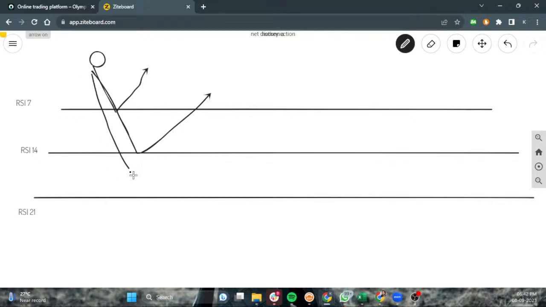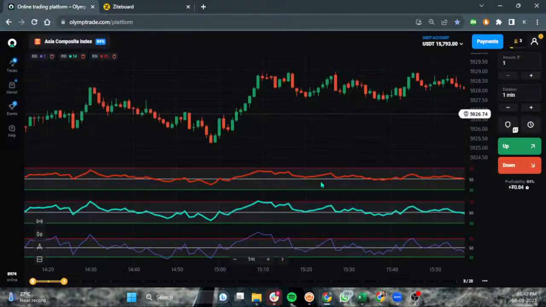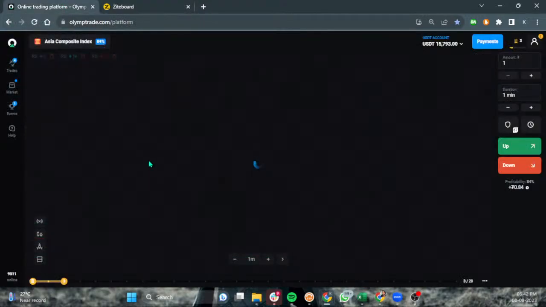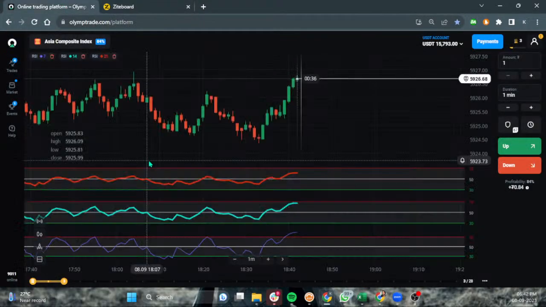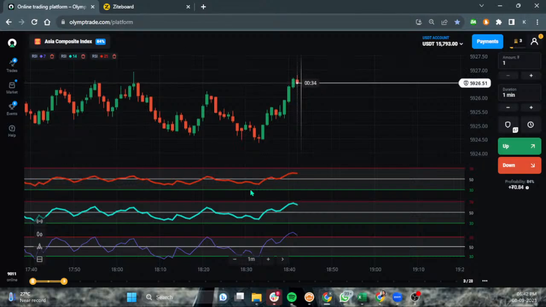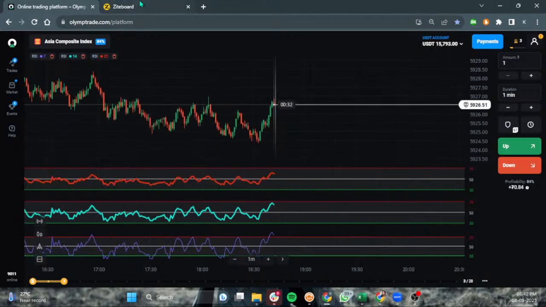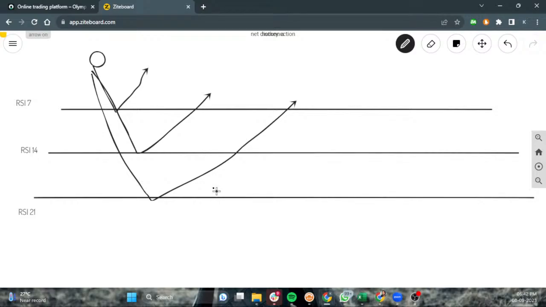And of course, when it comes here, the reversal can happen here as well. Now, all these three are signals, but if we see a crossing is happening on RSI 21, it means RSI 21 has touched the barrier of 70 or 30. In that case, it is a really good signal. So it means this is a really good signal.